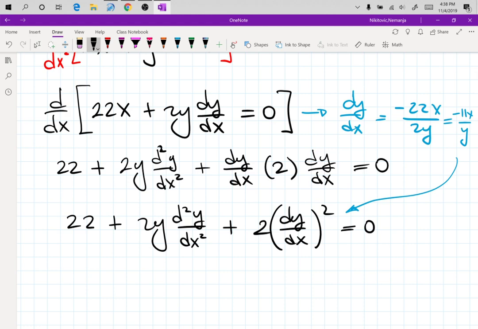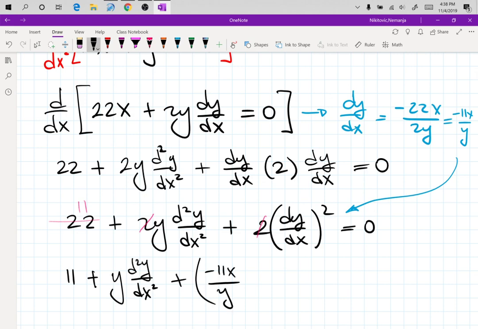So that's the one that goes in there. So now I can cancel 2's everywhere here as well, because when you divide everywhere by 2, 0 divided by 2 is still 0. Awesome. So I have 11 plus y times the second derivative plus, and now negative 11x over y squared equal to 0.